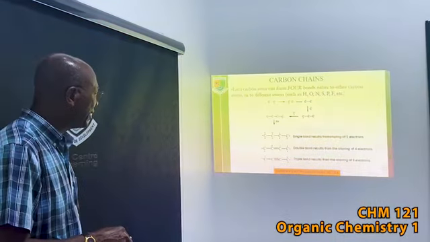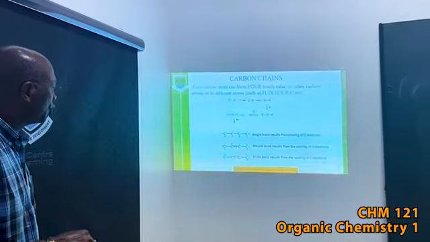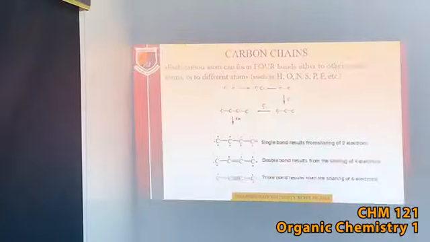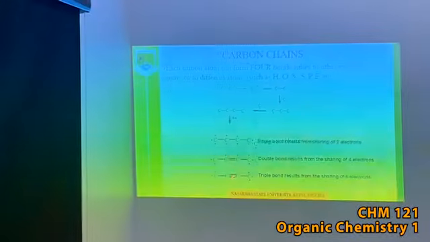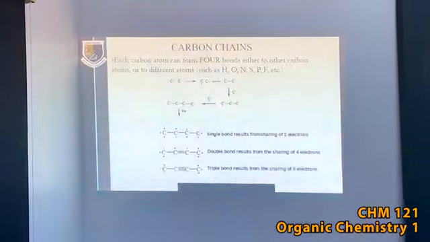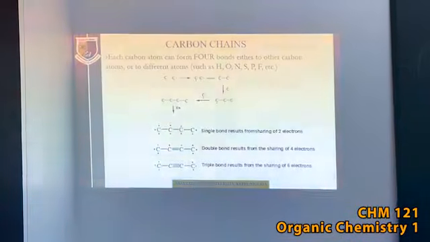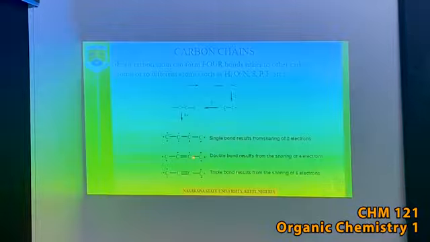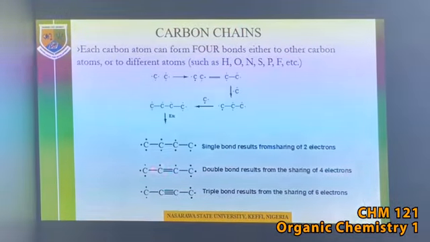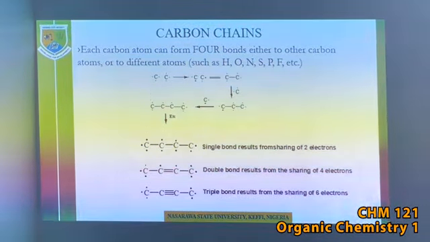So if you look at this carbon, we can count 1, 2, 3, and this one 4. For this one is 1, 2, 3, and then this one 4. For this carbon, this is 1, and then this will make another bond, 2, 3, 4. Here we have 1, 2, 3, and then this one 4.